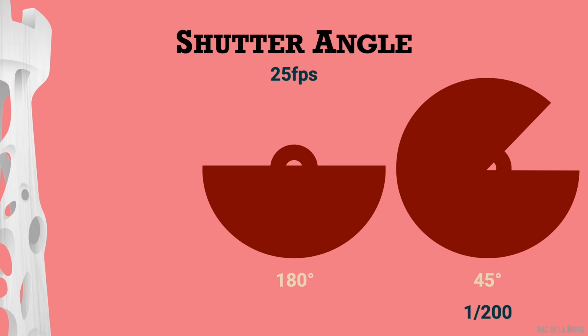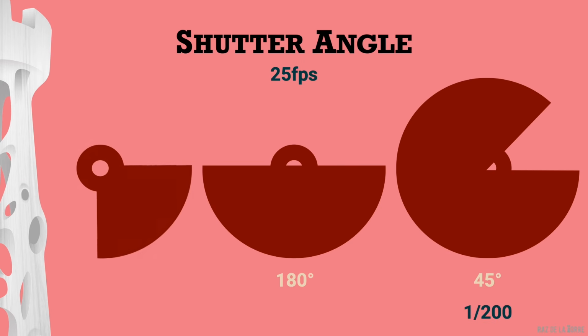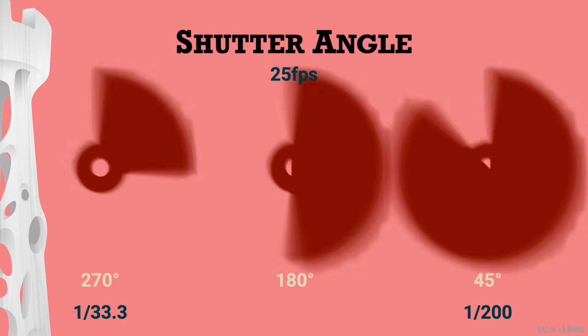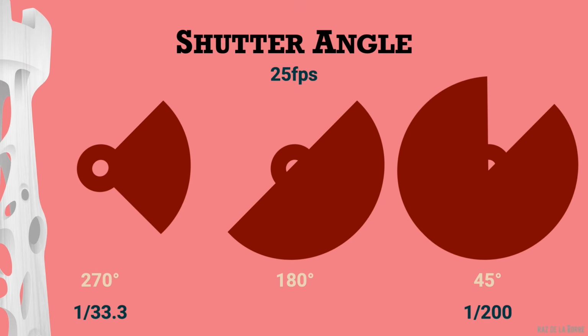For a 270-degree shutter at 25 frames per second, 270 degrees is 3/4 of a full rotation, and the exposure time is 1/33.3 seconds. So, 270 degrees gives longer exposure, more motion blur, softer texture, while 45 degrees gives shorter exposure, crisp motion, staccato rhythm. This is why shutter angle is the cinematographer's equivalent of shutter speed, sculpting time, texture, and emotional rhythm.